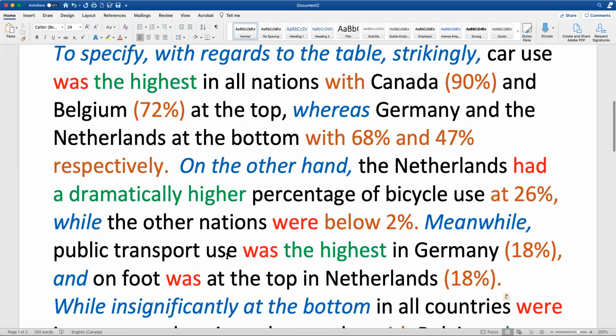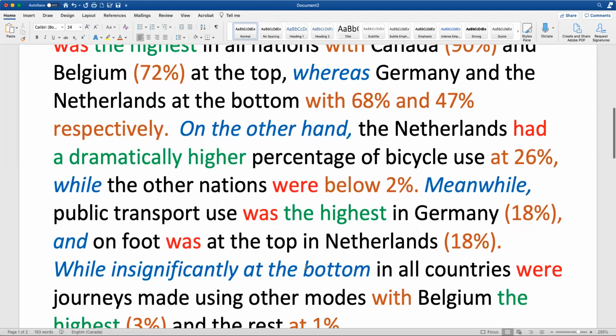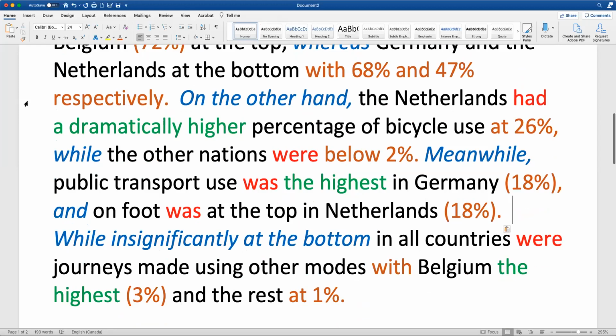So public transport was the highest in Germany, and on foot was at the top in Netherlands. Can be. So I'm just letting you know, you want to keep that sentence? Well, let me put this sentence at the bottom here.